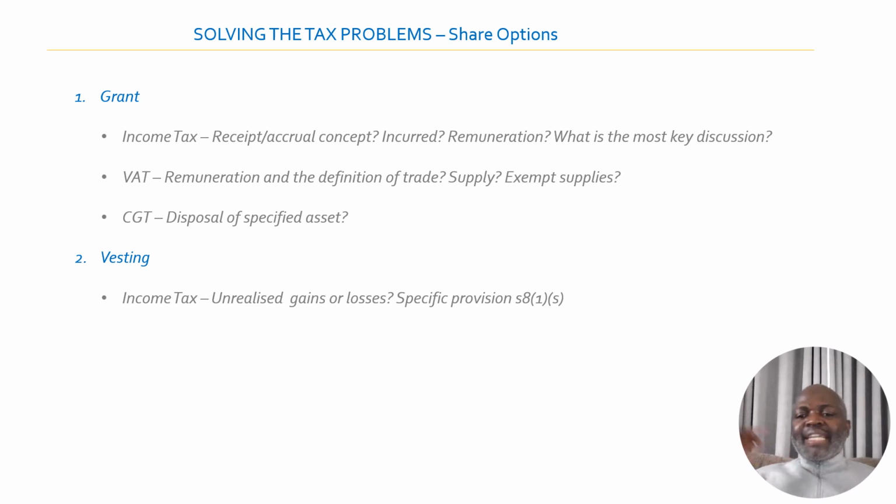But overriding everything is Section 8C, which is very specific to say when you have share options from an employer-employee relationship in terms of that trust, then you need to look at 8C as well. And what 8C is just doing is it's waiting until exercise date.